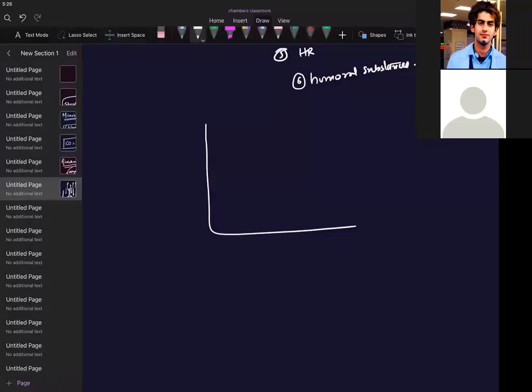This is the end diastolic volume and this is the stroke volume. Now I'm making a graph like this. First it will increase like this, and then what will happen? This. Okay, now see.